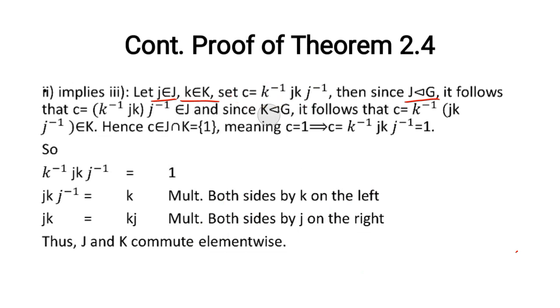Okay, so because I know that J is normal in G, I carefully put my bracket in such a way that the J becomes the one multiplying the other term, this J. Can you see that? So J is multiplying this term, which means that this element lies in J because it is normal. Remember?